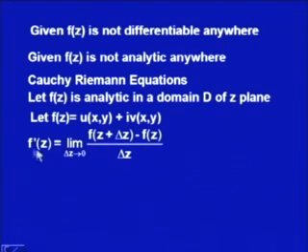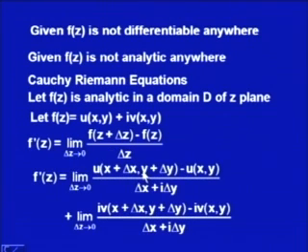Then f dash z is equal to f z plus delta z minus f z divided by delta z. The limit of this ratio is f dash z by the definition of differentiability. So, we write down f dash z as the limit delta z tending to 0, and f z plus delta z is written as u x plus delta x, y plus delta y, plus i v x plus delta x, y plus delta y.